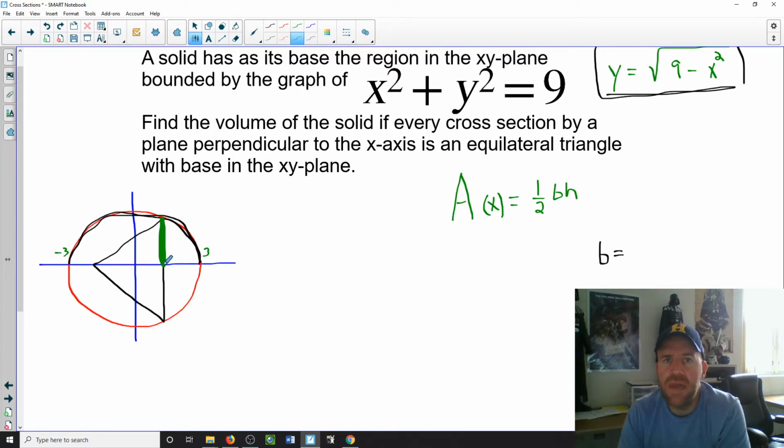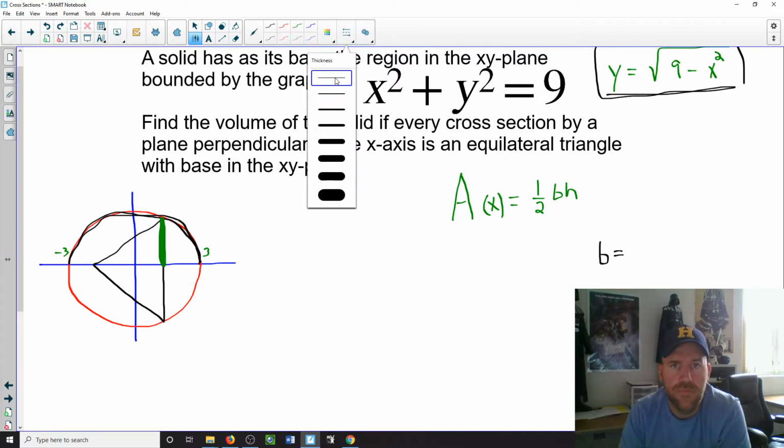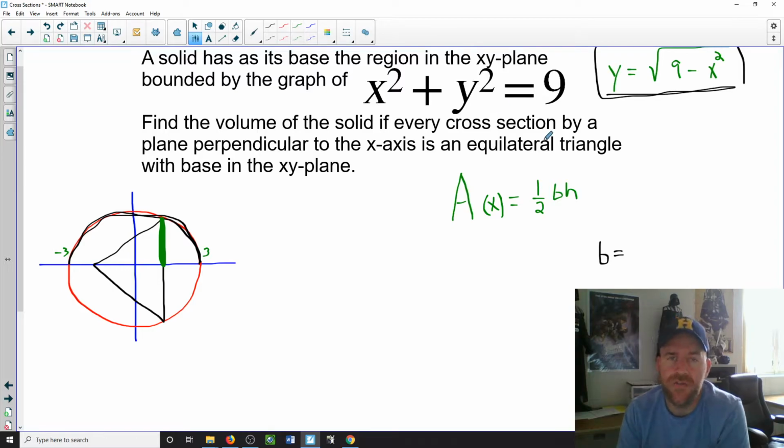So to get the base, I need to multiply our function by 2. This is probably one of the hardest situations that you're going to deal with. There's a couple more that we will look at, but this is definitely one of them. So 2 times the square root of 9 minus x squared. Hopefully you can see that.